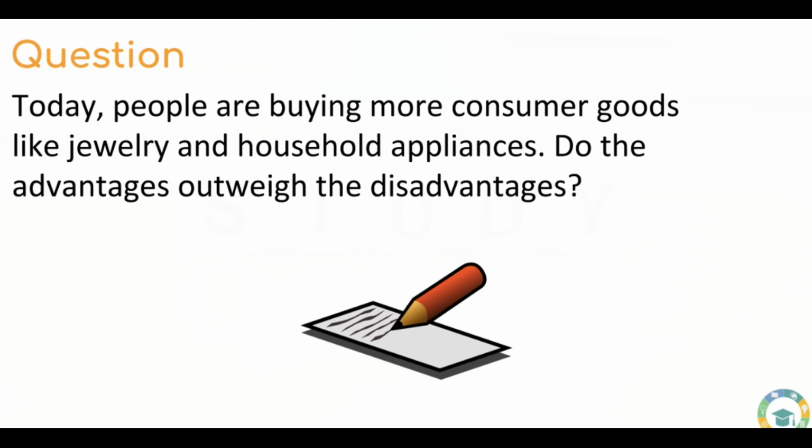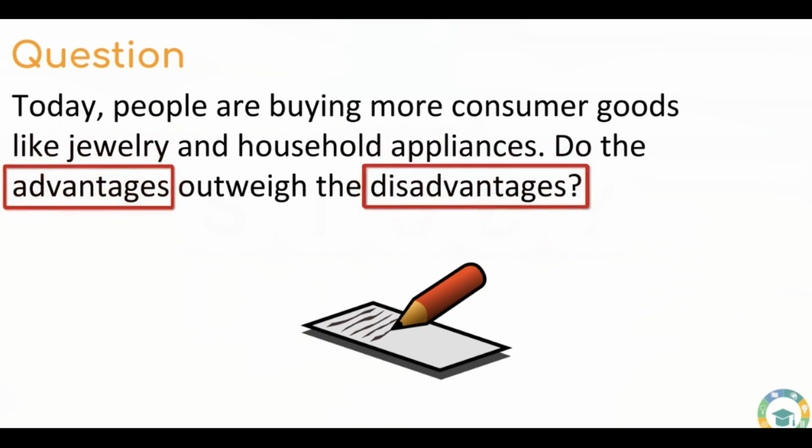Before even doing the plan, we should identify the type of question it is. I've already told you that we'll be looking at an advantages and disadvantages question, and it's easy to see that this is that type of question due to the phrase, do the advantages outweigh the disadvantages?